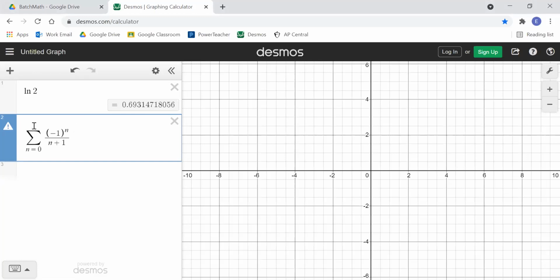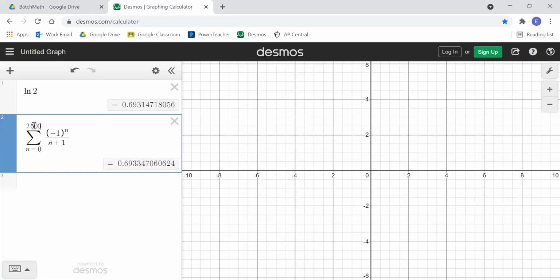So let's just say, okay, what if I go from n equals 0 to n equals 5? That's 0.6166666. That's fairly close to 0.69. What if I make it n equals 10? It's gone a little bit above. 15, back below, right? But it's 0.66, which is closer than it was before. What if I make it 25? 0.67. That's pretty good. What if I go to 250? 0.695.